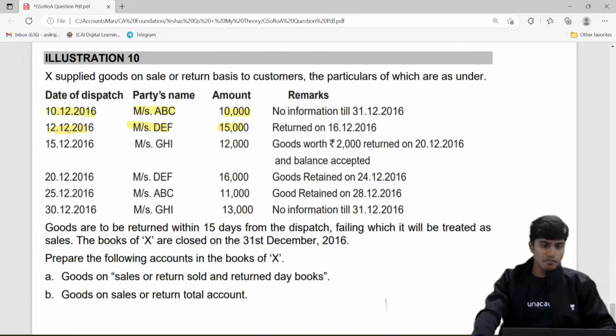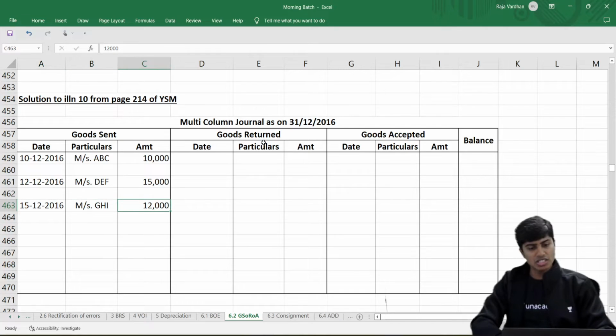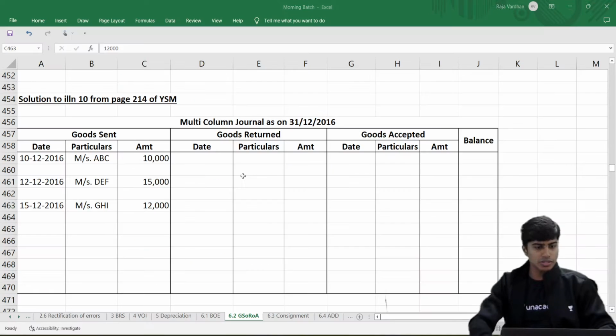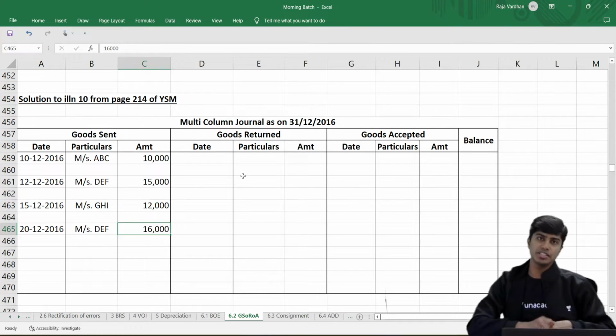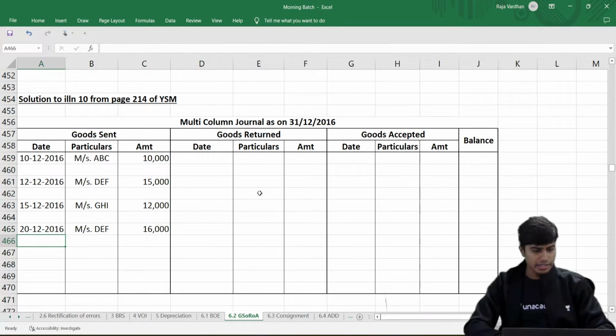Then we have 15th December GHI 12,000. Then 20th of December DEF 16,000. Just data processing, same thing. 25th of December ABC 11,000.